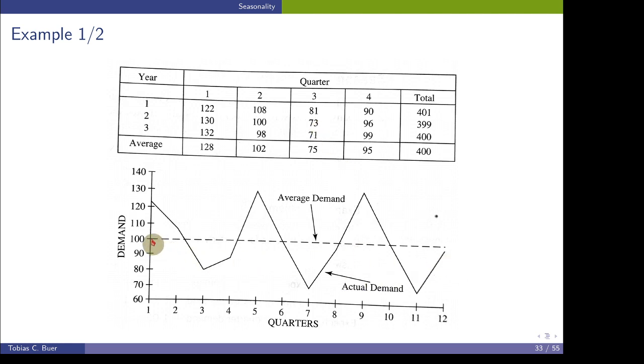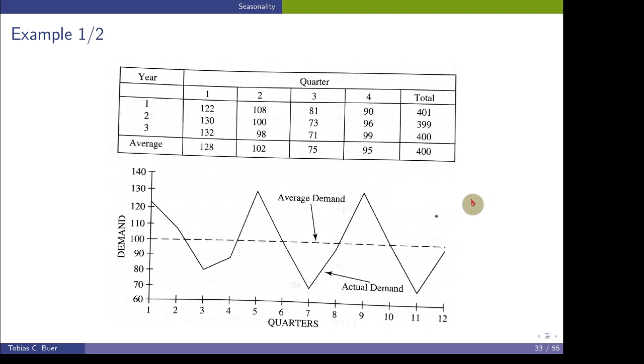The average quarterly demand is 100. You get this by taking the average of these 4 average quarterly demands, so dividing 400 by 4, then this is the average quarterly demand.